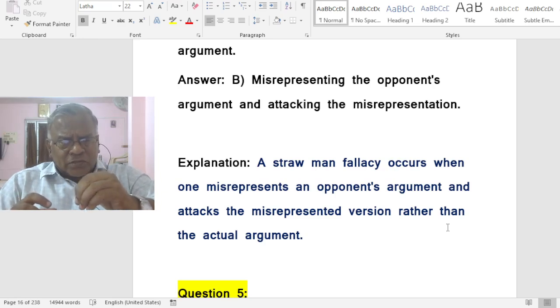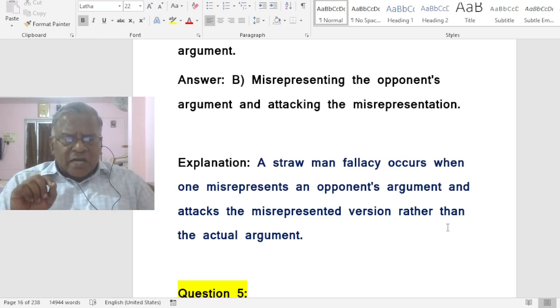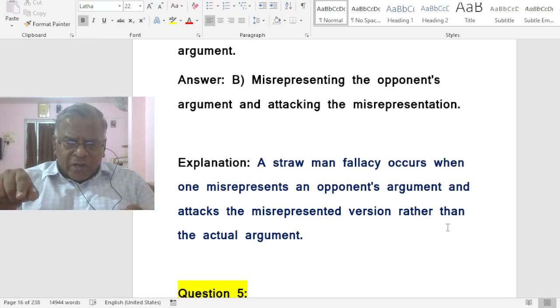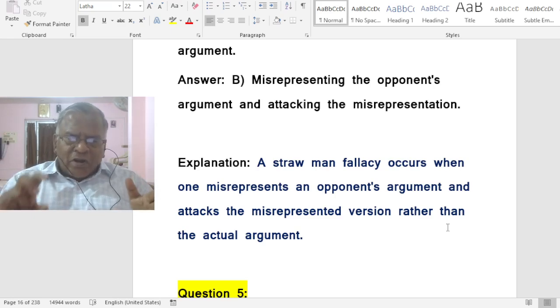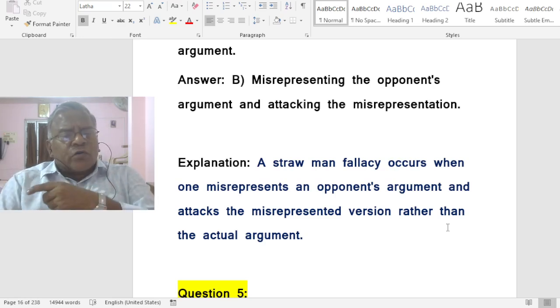I hope you understood this. A straw man fallacy occurs when one misrepresents an opponent's argument and attacks the misrepresented version rather than the actual argument. So there is an actual argument. This fellow takes it in a wrong sense, and then taking it in a wrong sense, he is arguing with the opponent. You got the point?